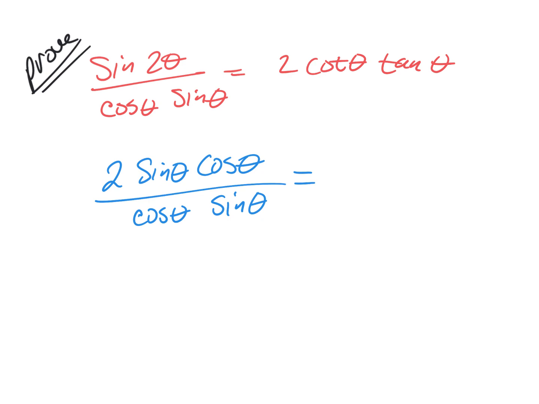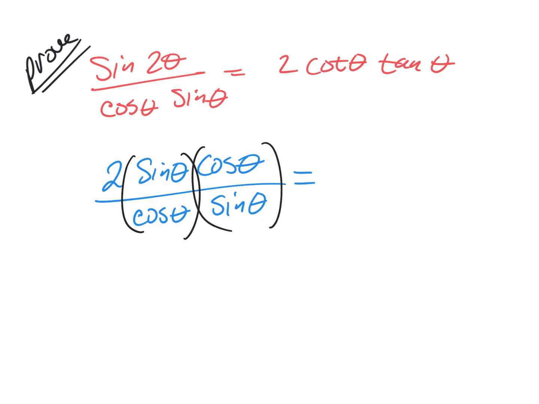Well, I saw that cotangent and tangent multiplied equals 1, so I could change the sine and the cosine, and they cancel out into 1, but instead of turning it into just 2, I could do 2 times cotangent times tangent.